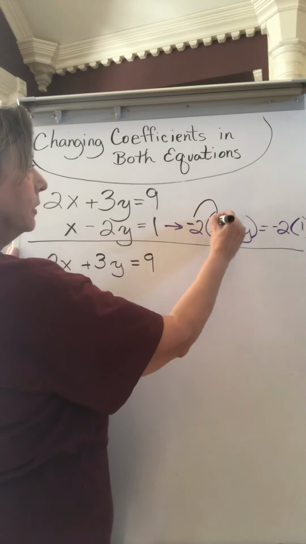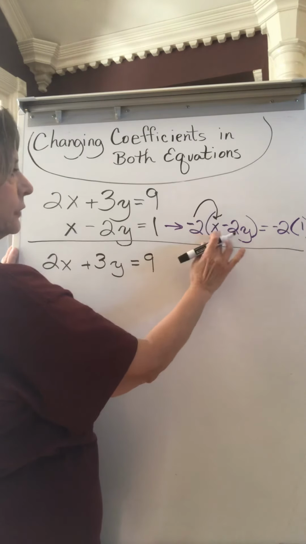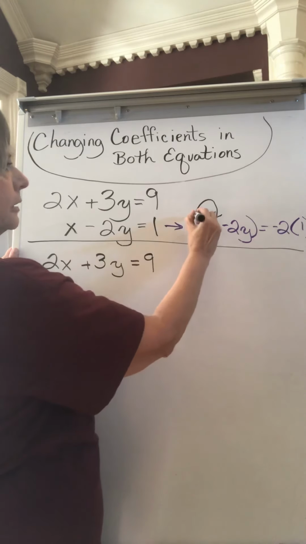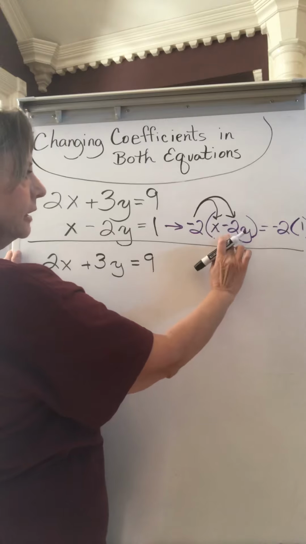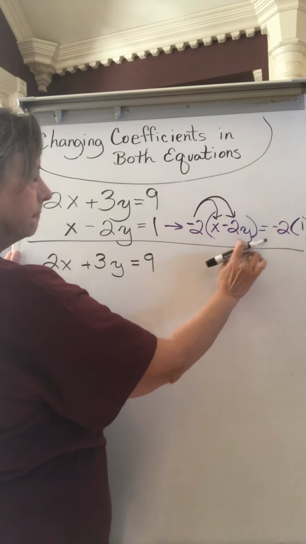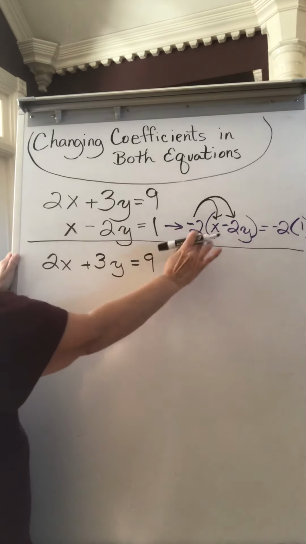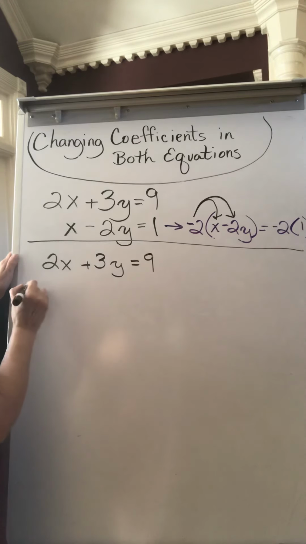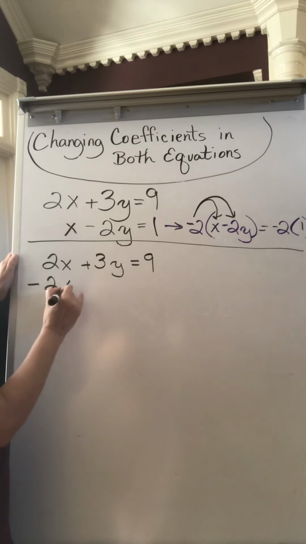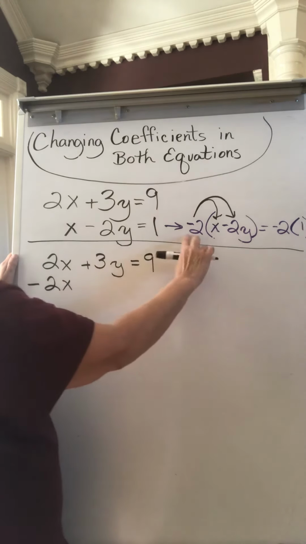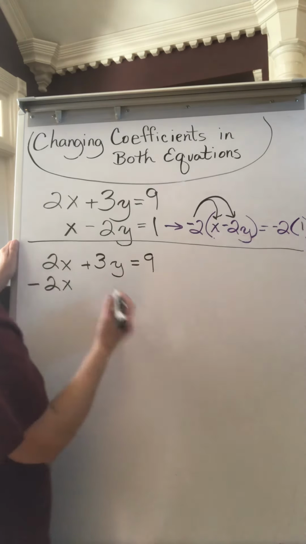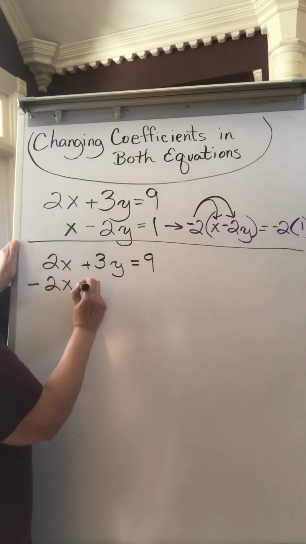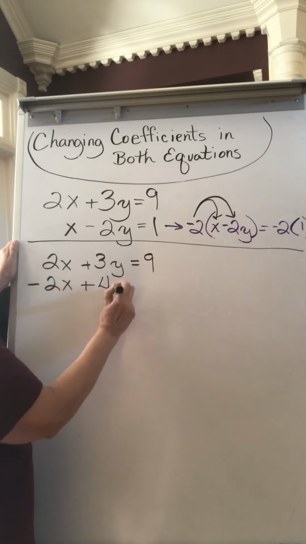I'm going to hop over and multiply negative 2 times x. Then I'm going to hop over and multiply negative 2 times negative 2y. So, negative 2 times x is going to give me negative 2x. Negative 2 times negative 2y is going to give me positive 4y.